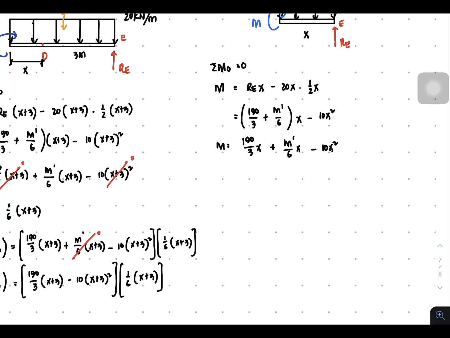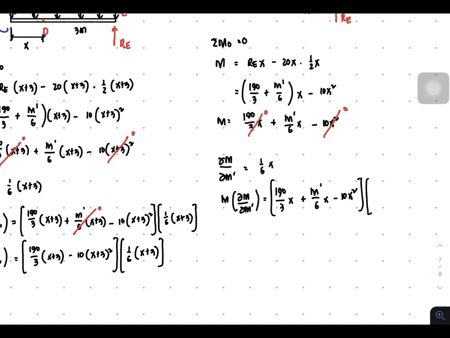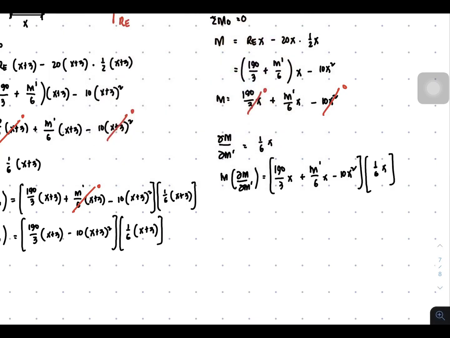And we are going to get the partial derivative of m with respect to m prime. I'm going to set this to 0. The partial derivative of m with respect to m prime is 1 over 6 x. With this, we can now get the product of the two. That's going to be 190 over 3 x plus m prime over 6 x minus 10x squared times 1 over 6 x.